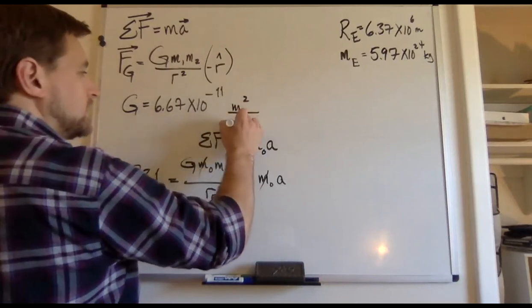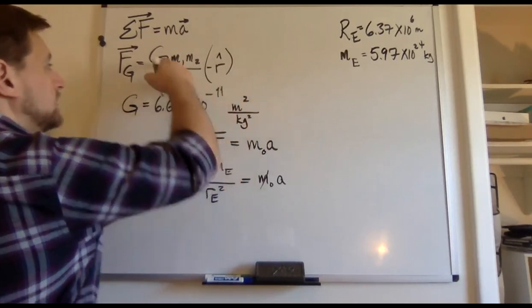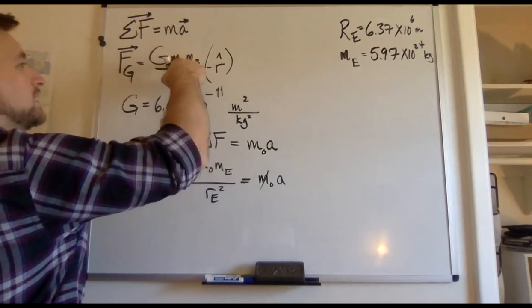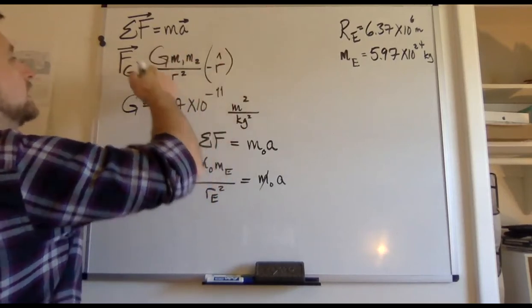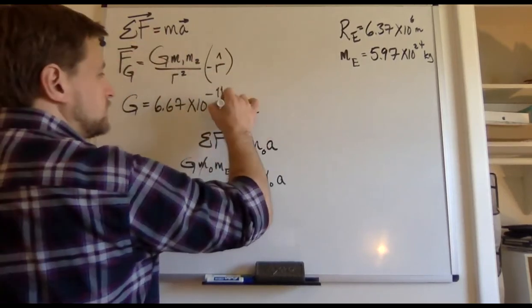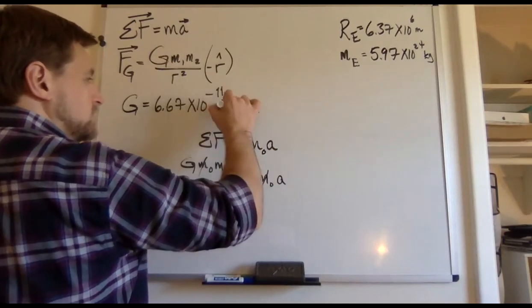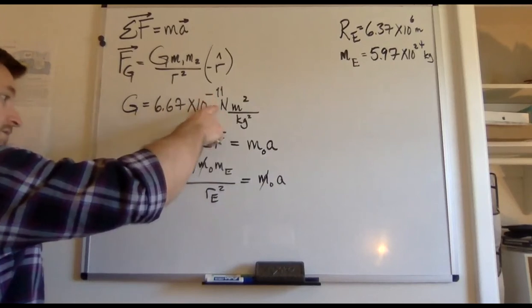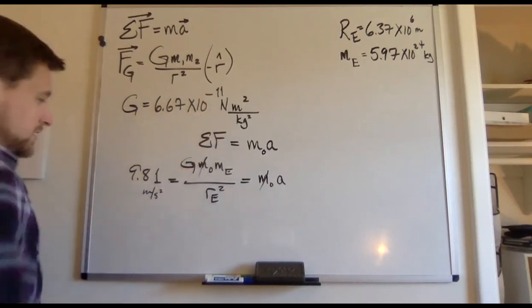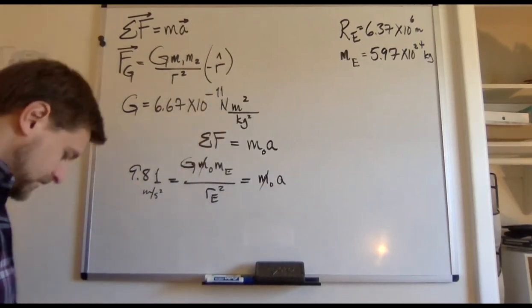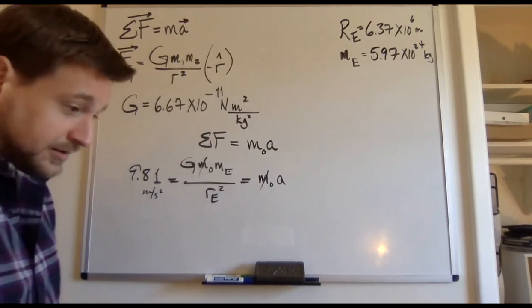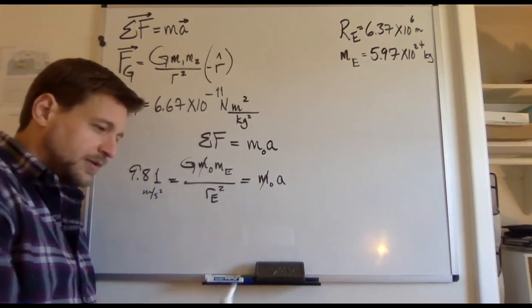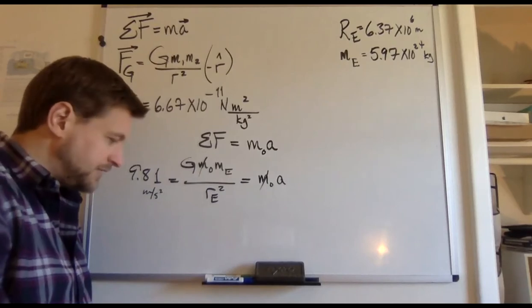Then we've got to have kilograms squared in the denominator so that when we multiply by two masses, those are gone. And we've got to have newtons so that we can actually have newtons when we're done. If we use those units for G, the units are going to come out to meters per second squared. And we've got a theoretical justification for our empirical acceleration due to gravity.